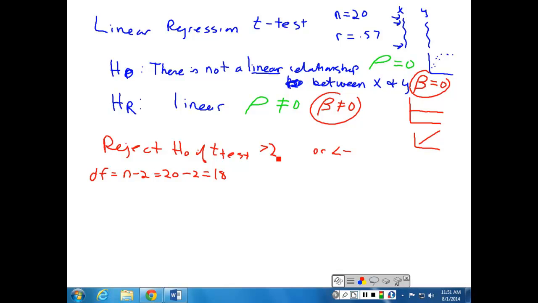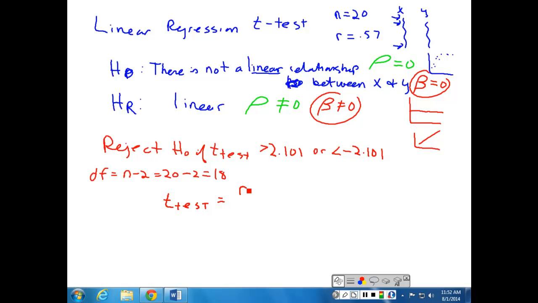So 2.101. And the t-test is equal to the statistic, r.